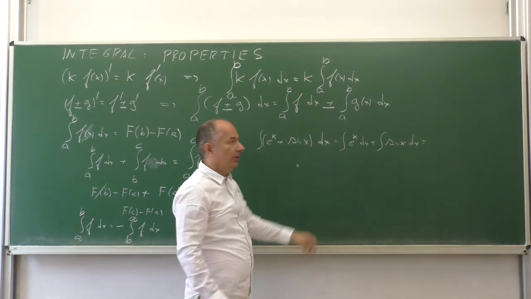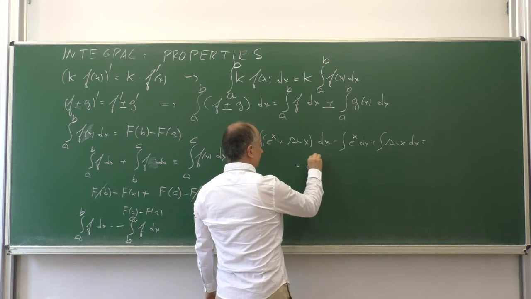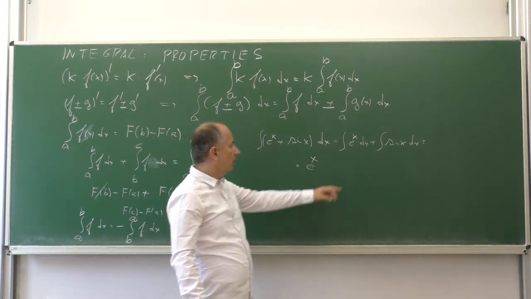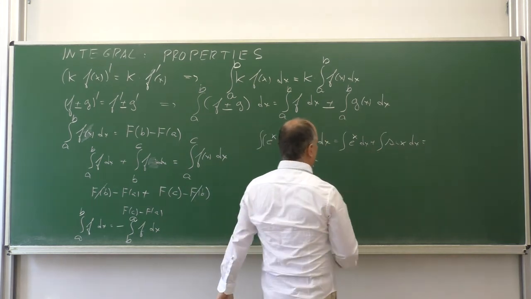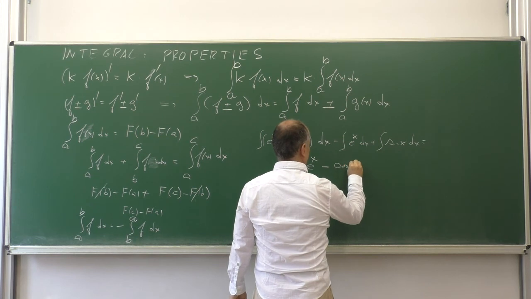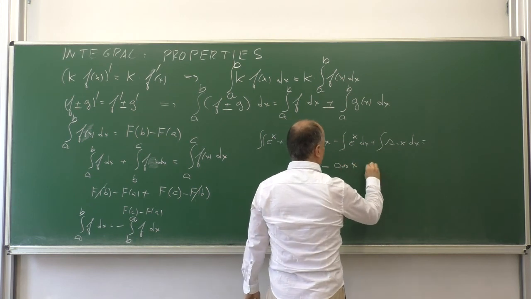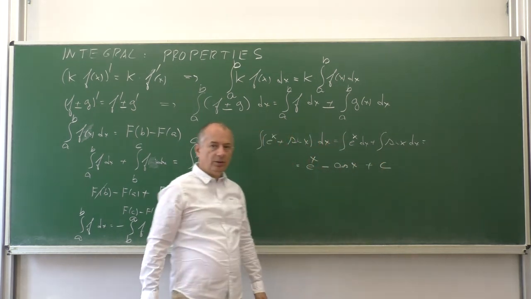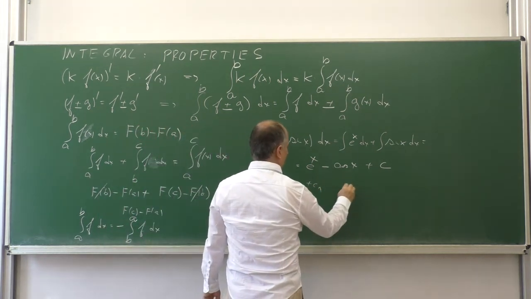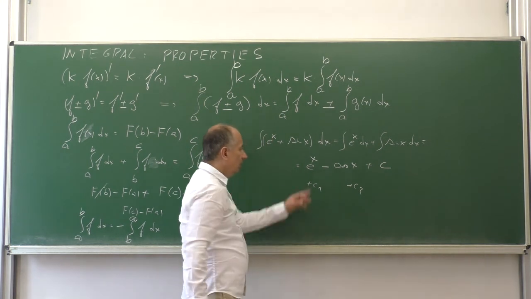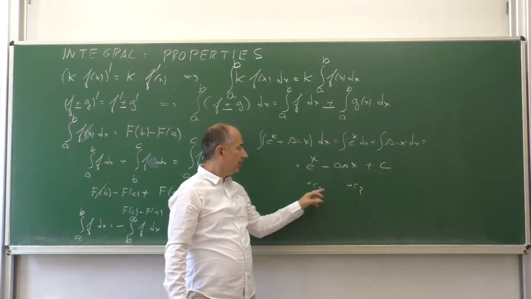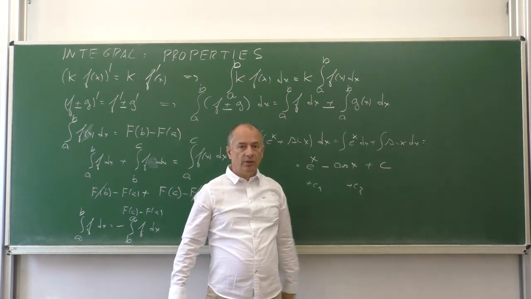But now integral of e to x is e to x plus c, and integral of sine is minus cosine. And we can consider just one integration constant. Because if you write plus c1 plus c2 to each of the two terms, then you can consider this sum of constants as just one single constant.